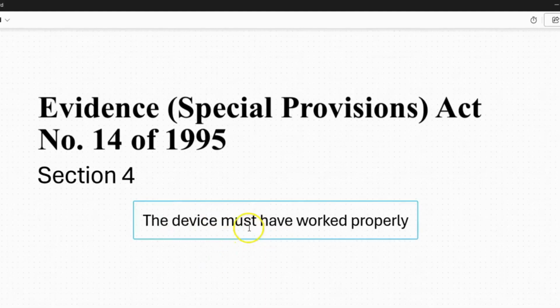The third condition: the device must have worked properly. According to this condition, the recording device should have been functioning correctly. Even if there was a minor fault, the recording can still be admitted if the fault did not affect its accuracy.